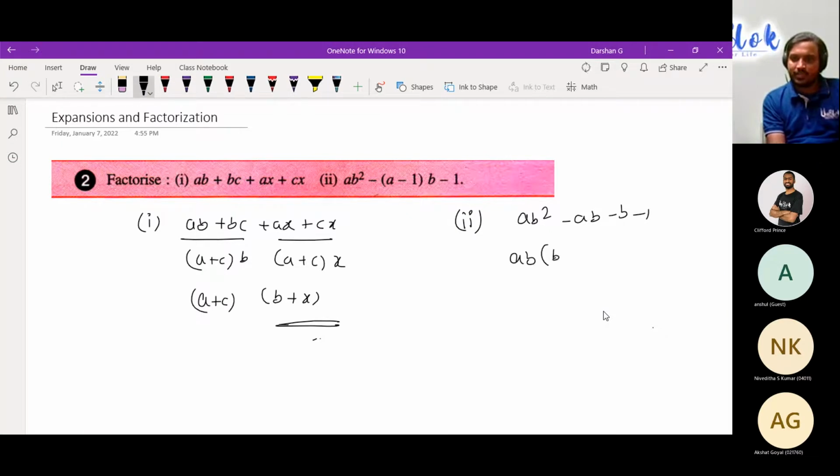So what is left? b is left, minus 1. Done. But here, I should have taken minus, right? In the first step, it should have been plus, because here the b is actually getting multiplied twice. So it is plus, plus, and plus minus 1. ab plus 1. Okay, next problem is ready.